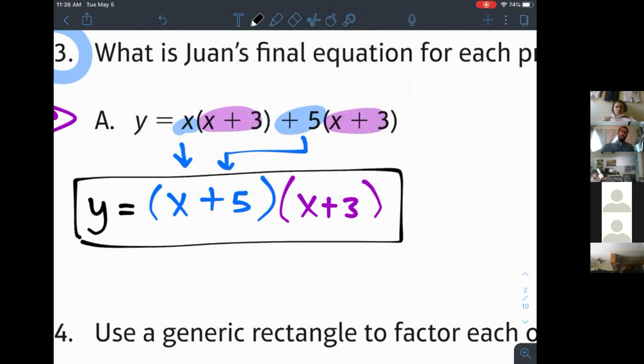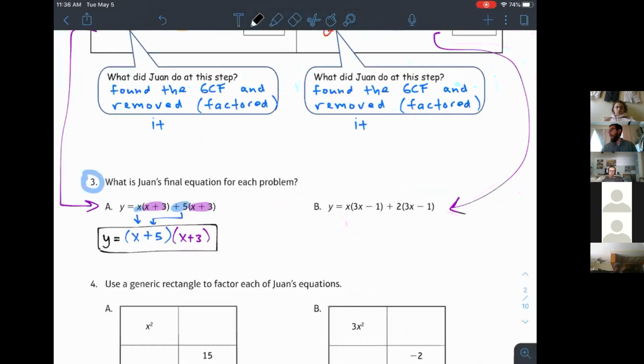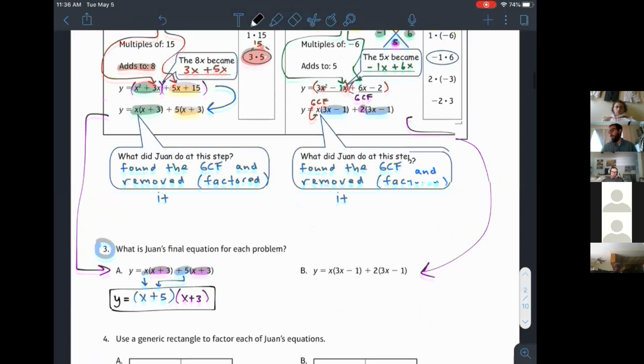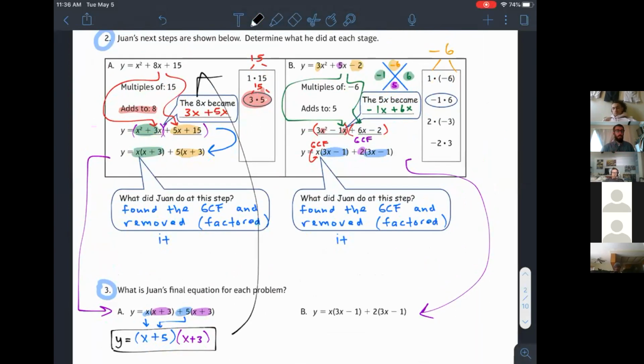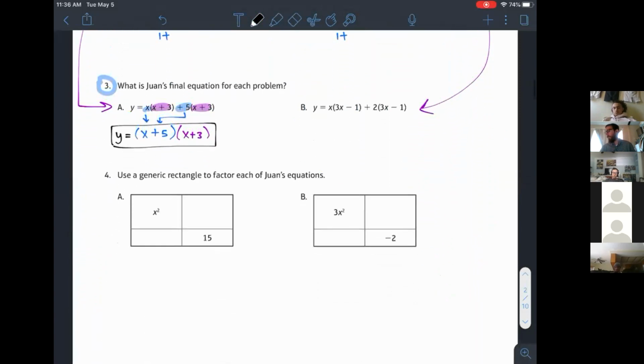Now, if I turned back around and did that FOIL process, I'd bet any single piece of money I'll ever earn that we'll get right back to where we started: y equals x squared plus 8x plus 15. Sweet. Let's see if Francis gave us the answer to 3A.